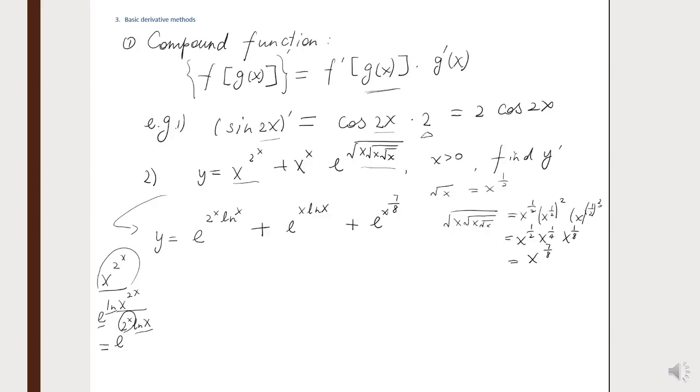Alrighty, so now let's find out the derivative of y. Alright, so for the first item, it's a compound function. So the outside derivative will become something within our basic derivative table.